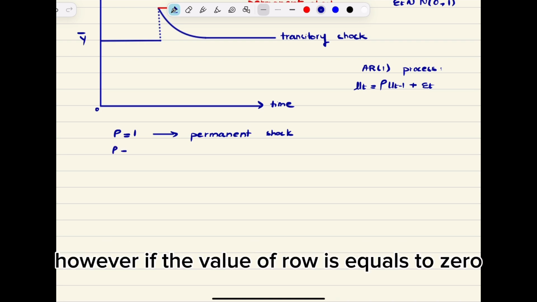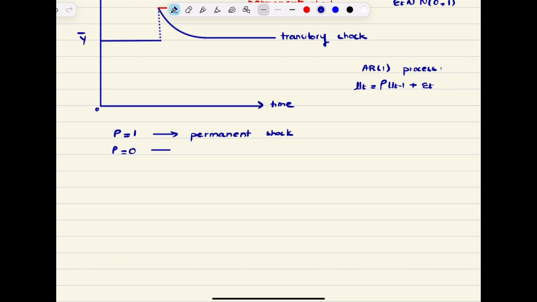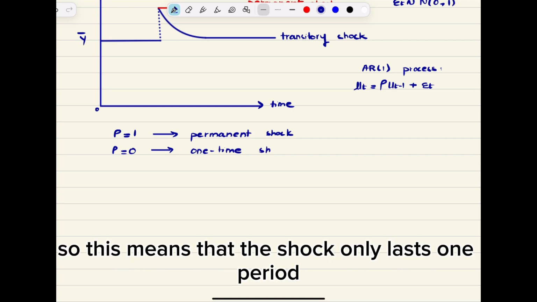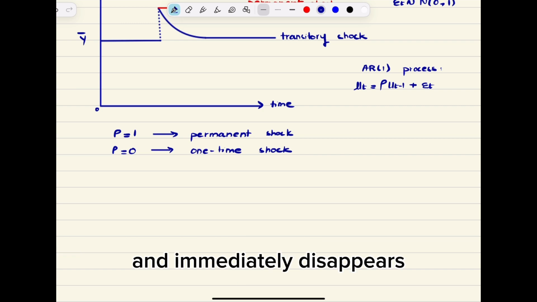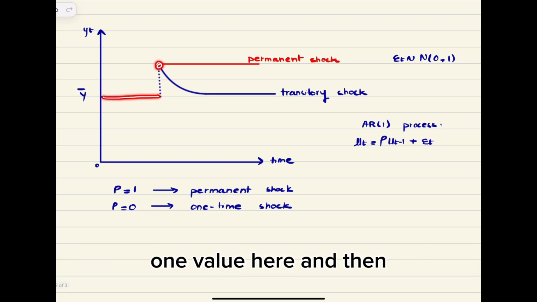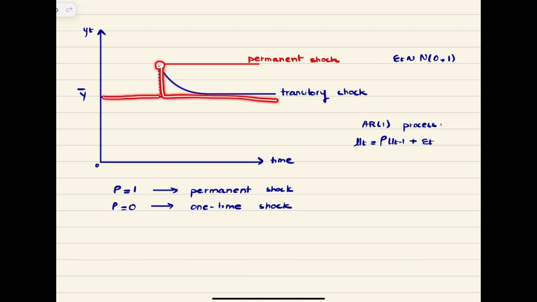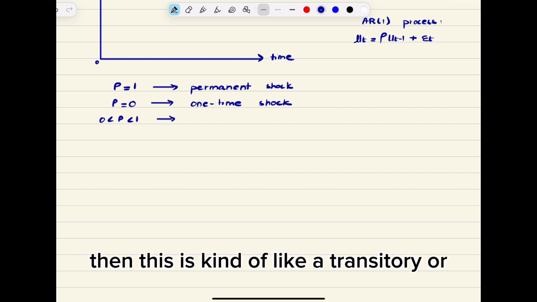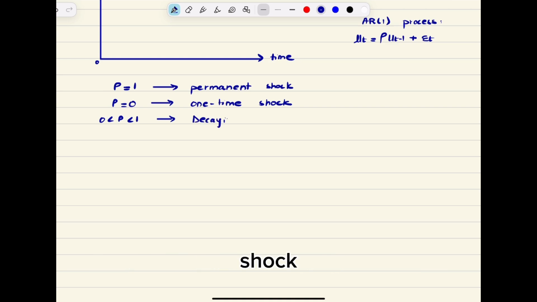However, if the value of rho is equal to 0, then this is just a one-time shock. So this means that the shock only lasts one period and immediately disappears. So it's just going to, for instance, go from here, one value here, and then fall back quite instantly. And if the value is between 0 and 1, then this is a transitory or decaying shock.